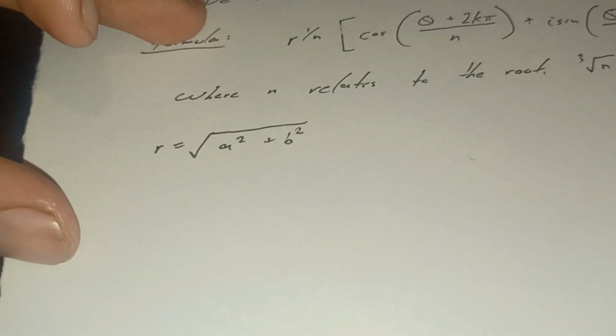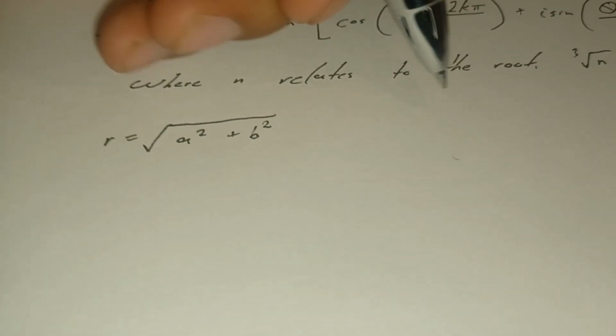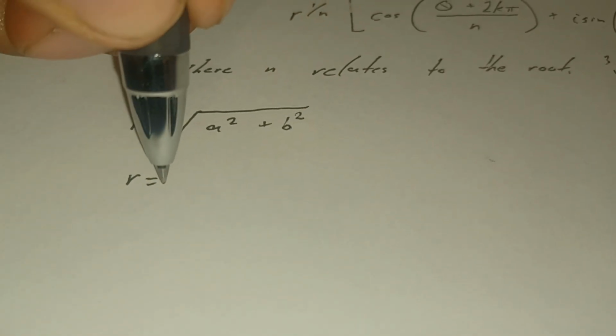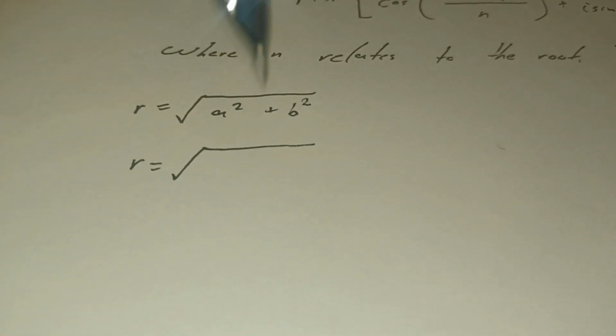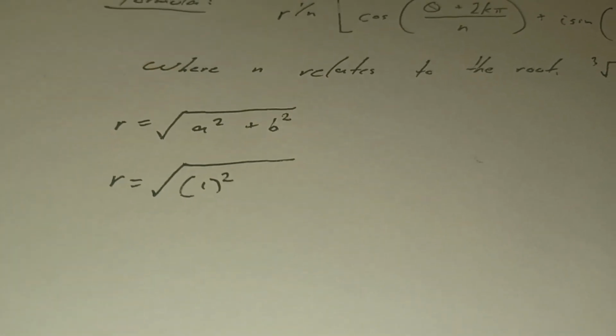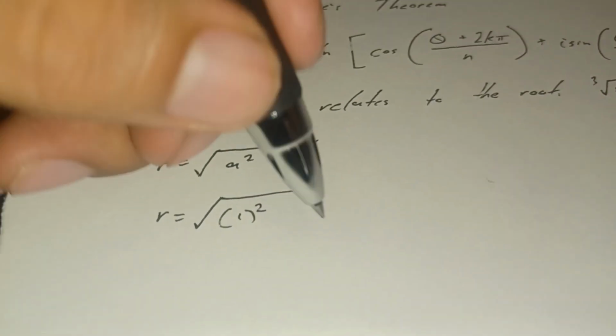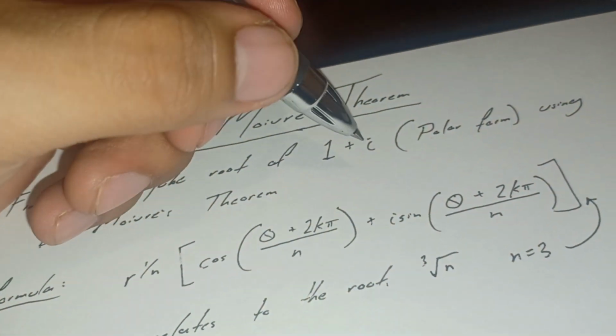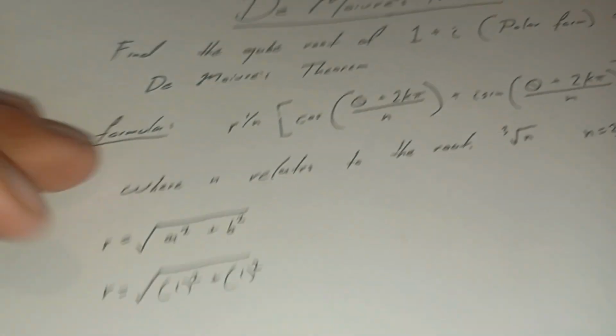Let's write it down here. r is equal to the square root of 1 squared, remember the 1 right here, plus 1 squared, again the invisible positive 1 in front of the i.